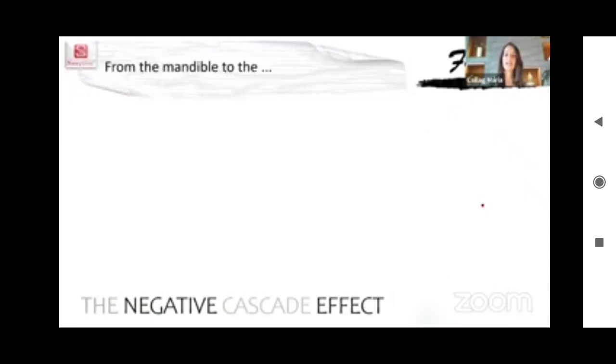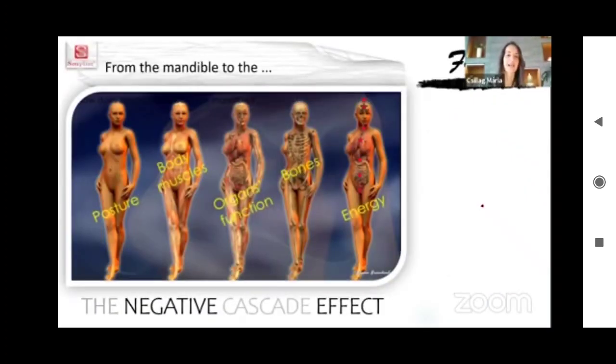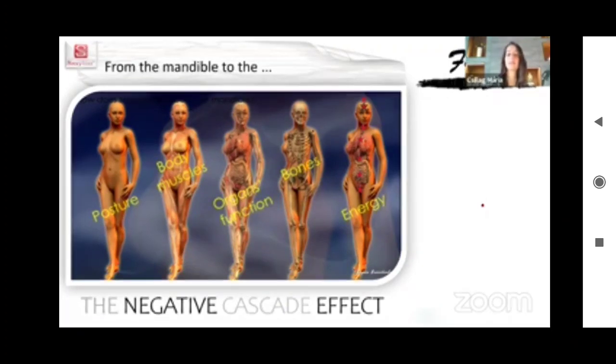So let us look at the negative cascade effect. If you look at the posture, you have to know that we have a body with muscles, and the muscles cover the organs. The bony part holds all your posture, and we also have the energy system.